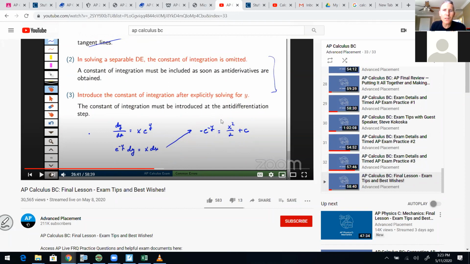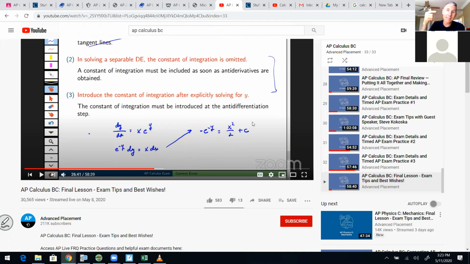And as soon as you integrate both sides, this is when I recommend plugging in the initial condition that they're going to give you to solve for the c, right? You could solve for y first, and then after you have solved for y, plug in your initial condition and solve for c.